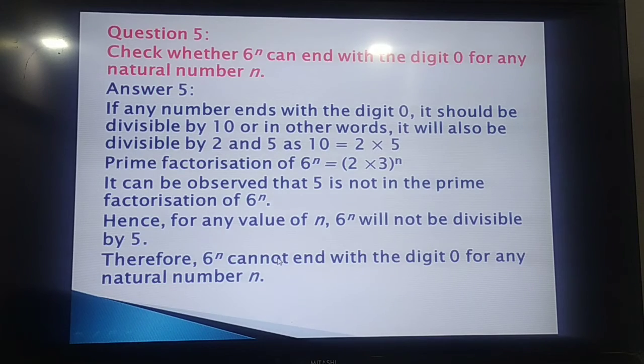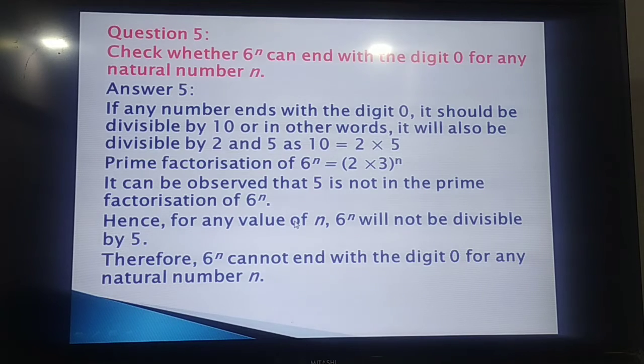So what I want to tell you is that unless a number contains 2 and 5, it cannot end with 0. So 2 raised to power n, 3 raised to power n, 4 raised to power n, 5 raised to power n, 6 raised to power n, 7 raised to power n, 8 raised to power n, 9 raised to power n.